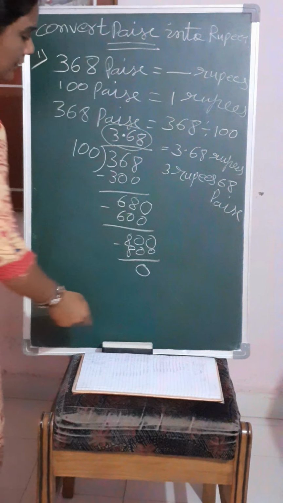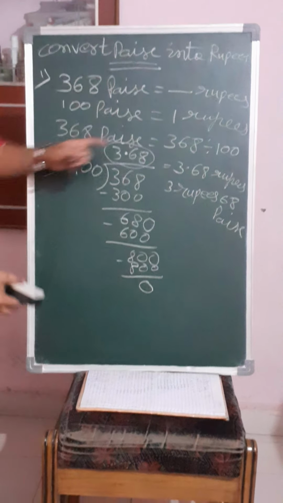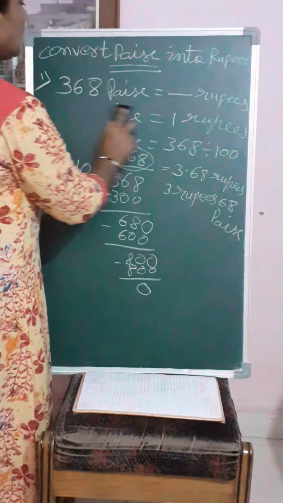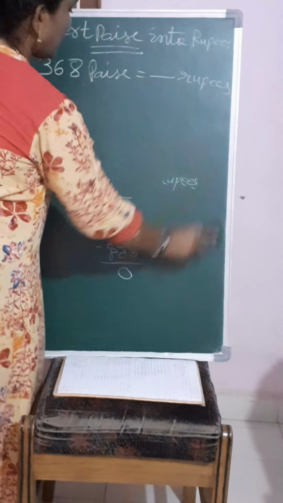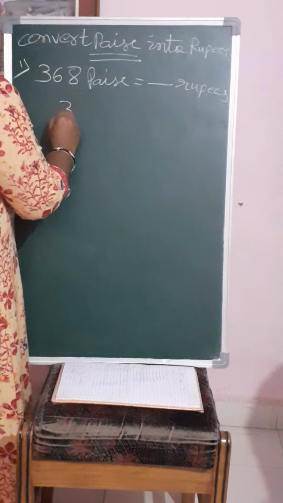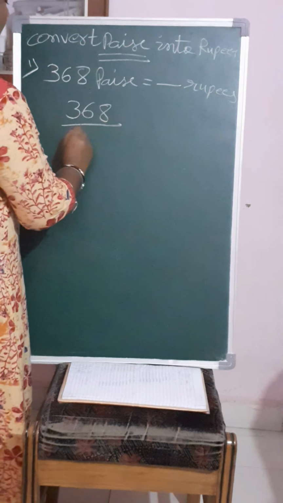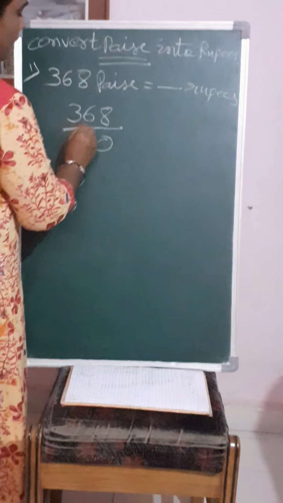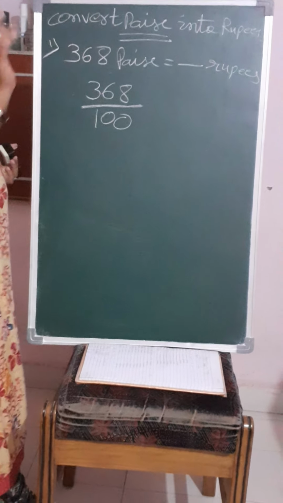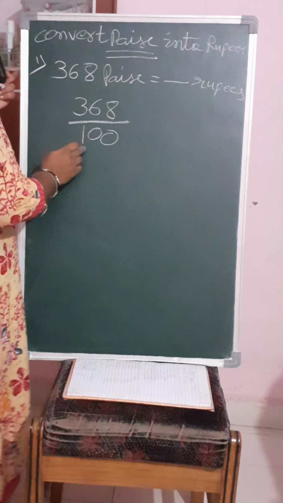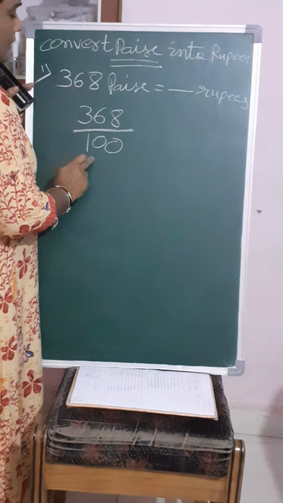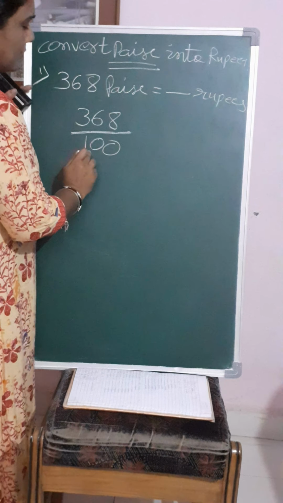In a shortcut way, whenever we are dividing by 100, I will explain the shortcut also. So I will explain the same question in the shortcut way, so you can do it easily. Okay. So whenever we are dividing 368 by 100, this is the symbol of division. This is called the numerator, this is called the denominator. In the denominator, how many zeros are there? 2 zeros.